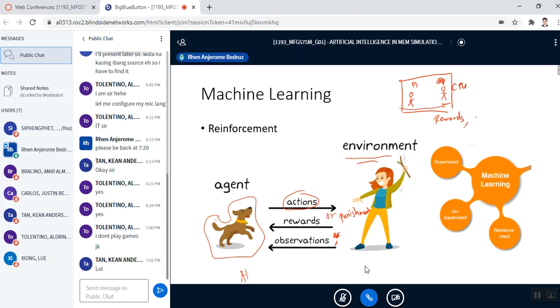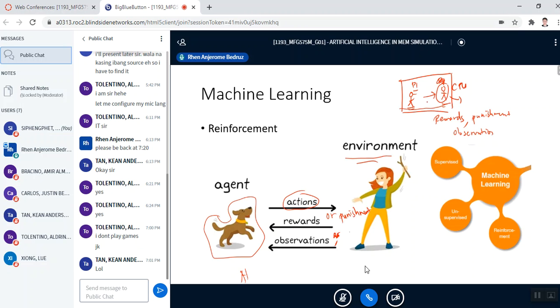There are rewards, there are punishments, there are observations. What do you mean by reward? For example, this player one is a player-controlled character. If he tries to attack this CPU or the AI, the AI would perform different moves, so it would try to beat player one.